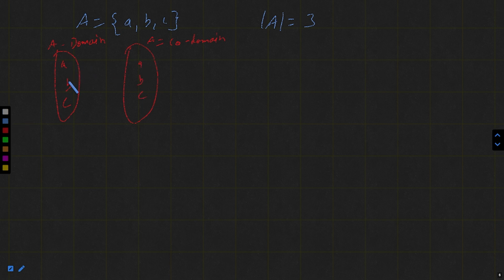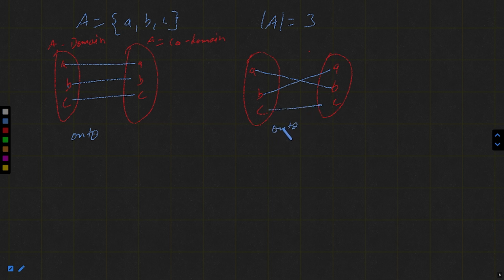Let's do it one by one. If you associate a to a, b to b, c to c, it is onto. Yes. Now a, b, c and a, b, c. What about this? If you associate a to b, b to a, c to c, this is onto. Yes.